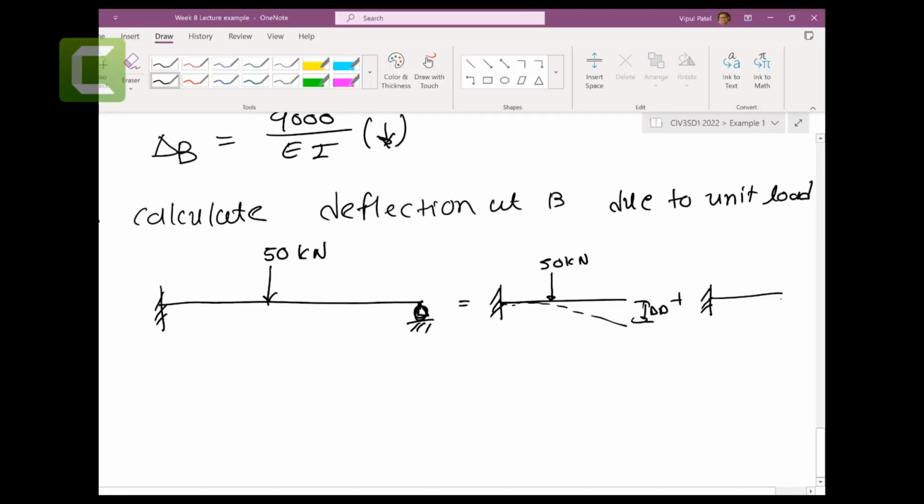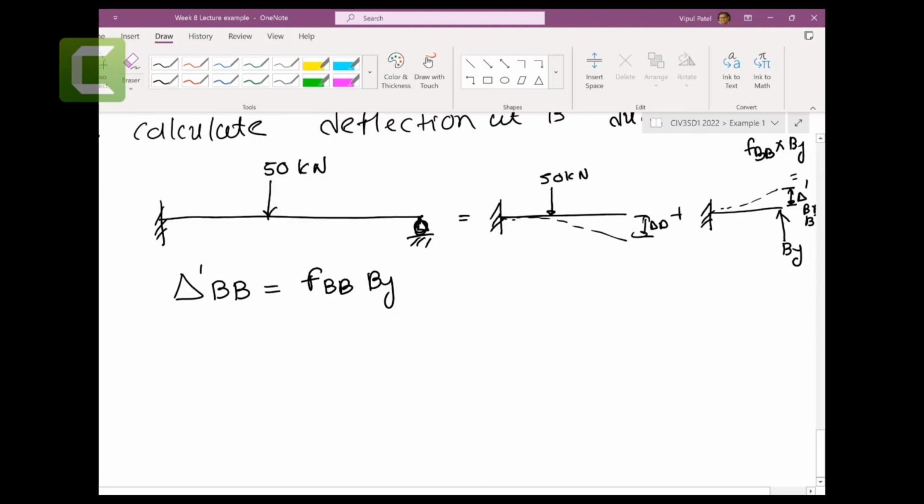So the 50 kilonewtons is not there. We just put this By, and then you will have this deflection delta BB dash, which is equal to the flexibility coefficient times By. So our intention is to find delta BB dash, the flexibility coefficient of BB. So let's find delta BB dash.